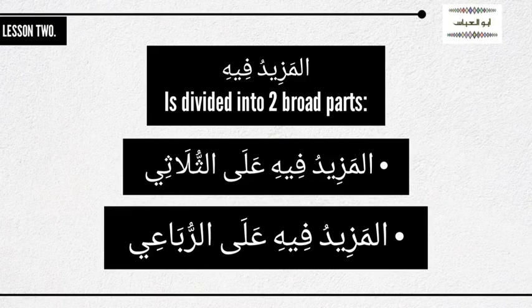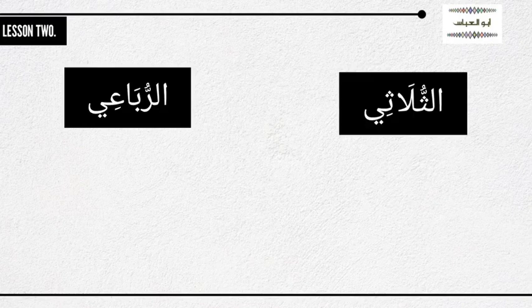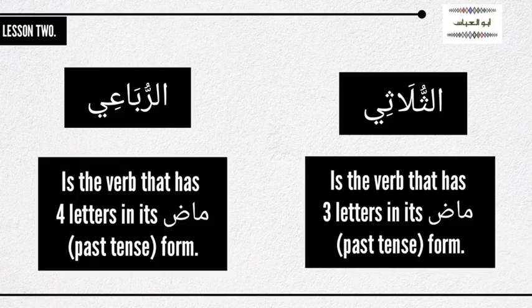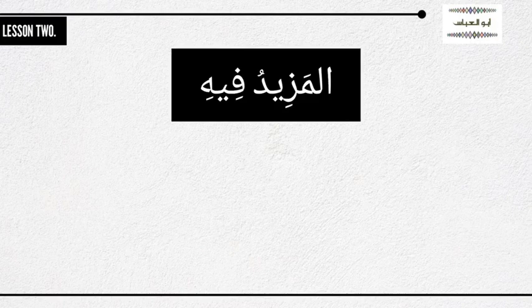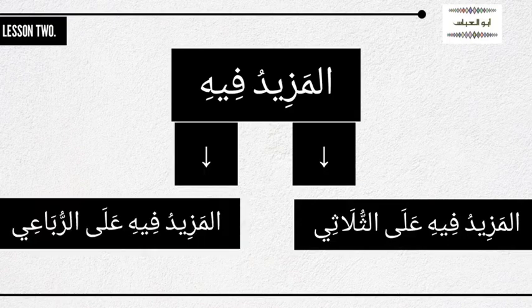If you remember, we mentioned that we have what we call a thulathi and what we call a rubai, where a thulathi is the verb that has three letters in its past tense form, al-madi, while a rubai is the verb that has four letters in its past tense form. Now, this al-mazidu fihi could either be ala thulathi or ala rubai.